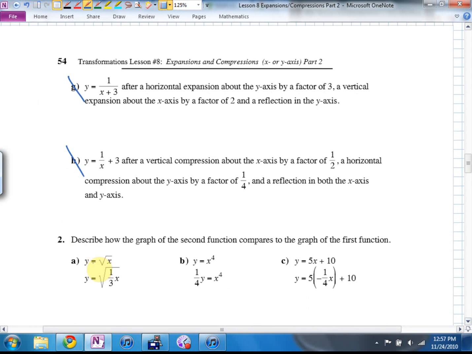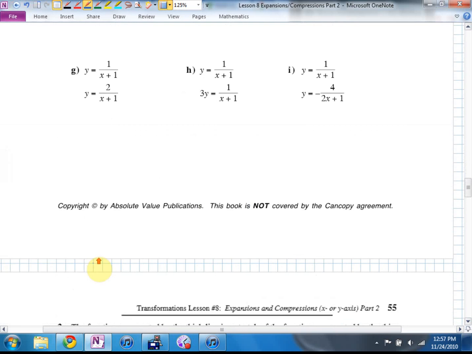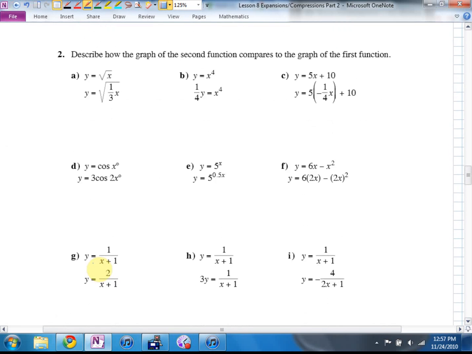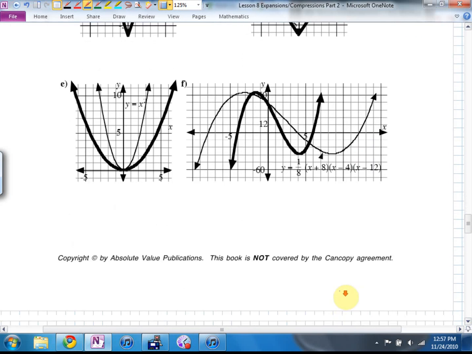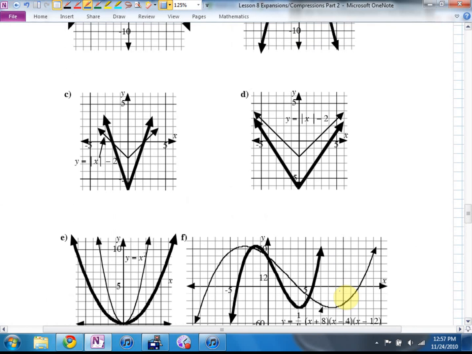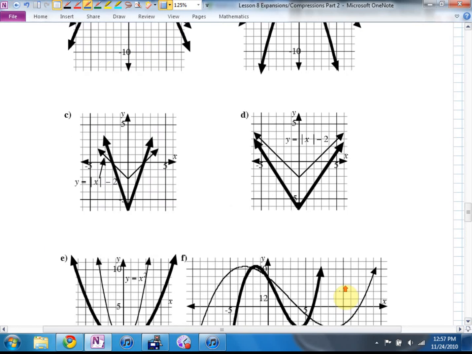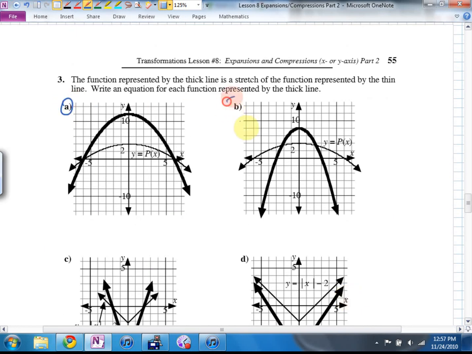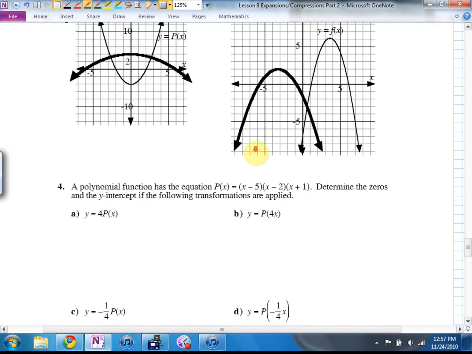Two, except nuke I. Number 3, A is good, B is good, C is good, D is good. A, B, C, D. And 6. Okay.